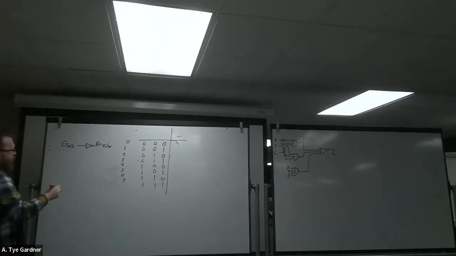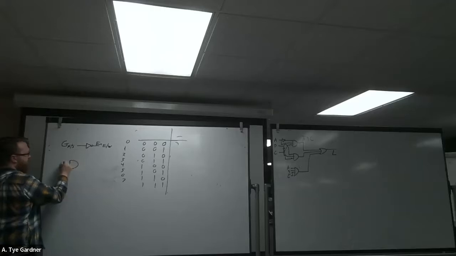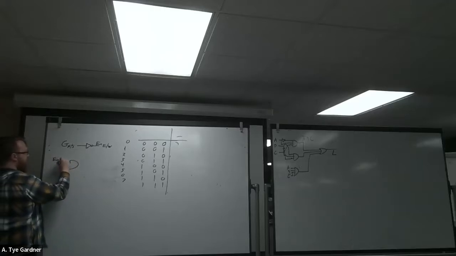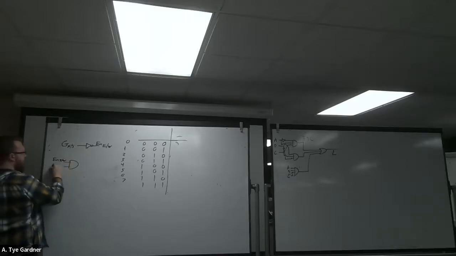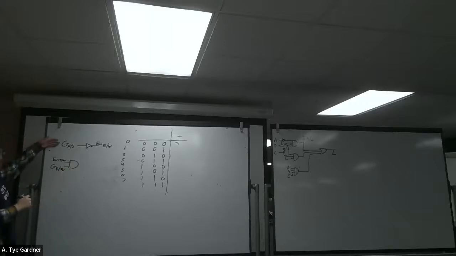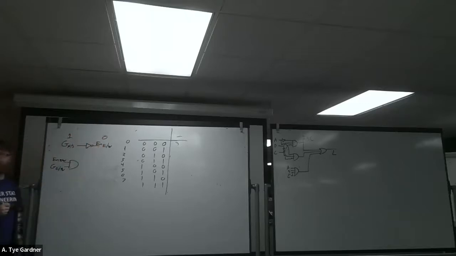Then the thing that turns on my east-west would be an AND gate that says enable east-west and green east-west. So if this is green going north and south, that means I have a 1 here, which means I have a 0 here. And I have this virtual connection, which puts a 0 here.